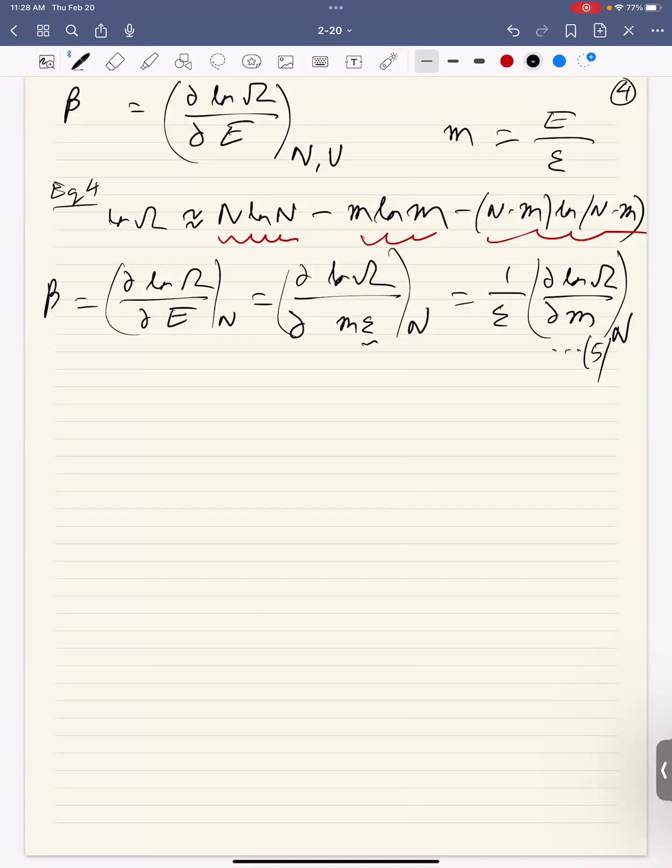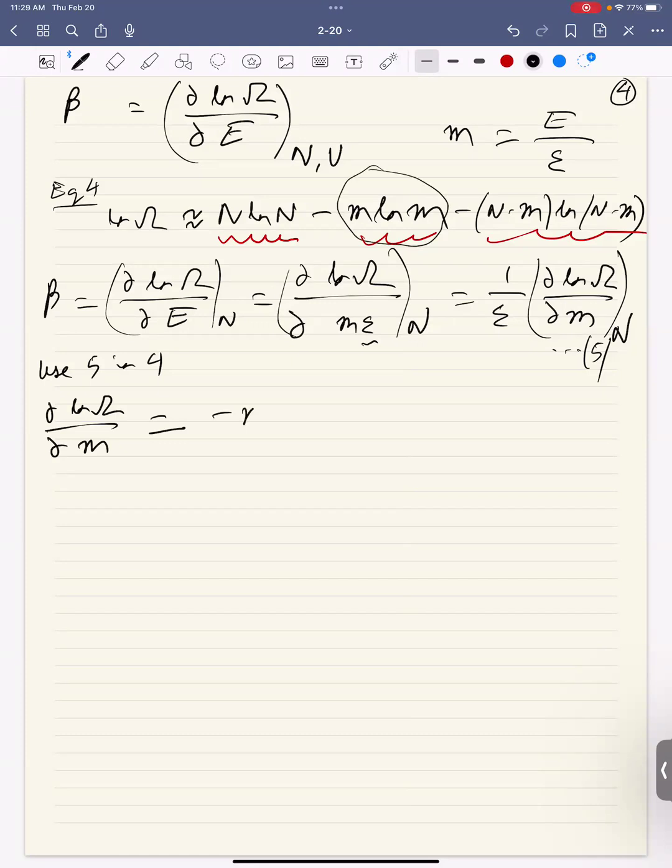And we have ln omega written down in equation number 4. So all we need to do is to go to equation number 4 and differentiate it with respect to m, right? And then we will get going. So therefore, use 5 in 4. What do we get? We get partial ln omega by partial m is going to be, first we differentiate this one.